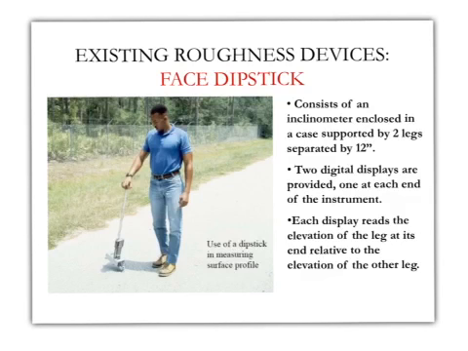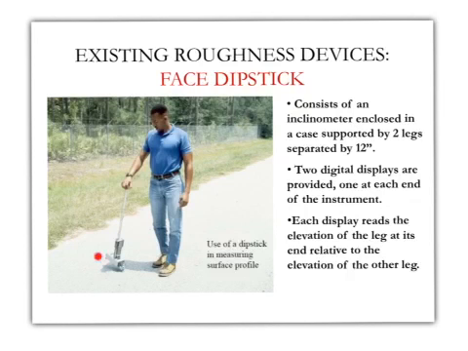So the very first one here, which is still an existing roughness device used by some small highway agencies, is the Face Dipstick. The Face Dipstick, as you can see here from the picture, really consists of an inclinometer. What is an inclinometer? It really measures the difference in elevation between 2 points.